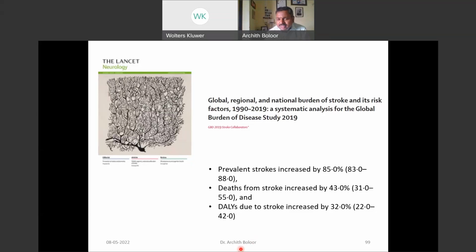The same is true of stroke in the young. In stroke in the young, the percentage which was traditionally believed to be around 32%, now they say can be as high as 40% of total strokes. That article is still to be published, should be published somewhere by this year end. So that's the burden of the disease.